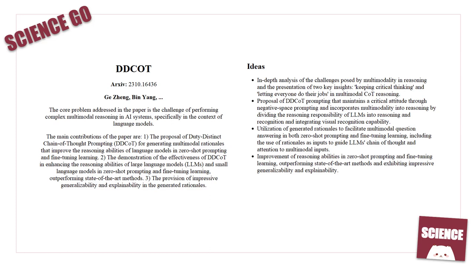DDCoT divides the reasoning responsibility of language models into reasoning and recognition, incorporating visual recognition capability. The generated rationales are used to enhance multimodal question answering in zero-shot prompting and fine-tuning learning. DDCoT outperforms existing methods and offers impressive generalizability and explainability.